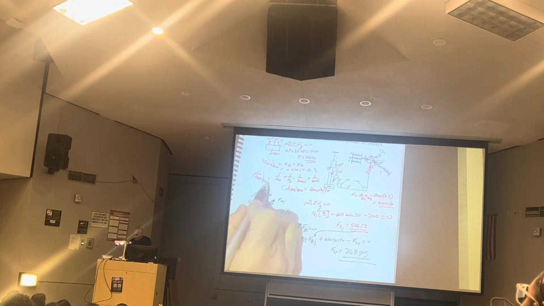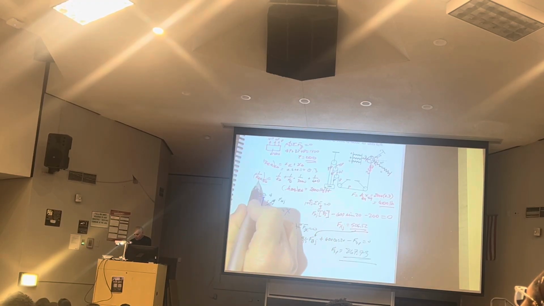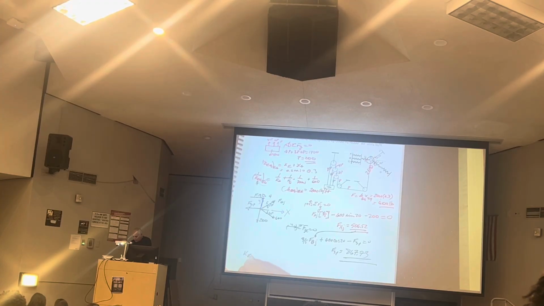K equivalent of the 2 springs, EG. I also need the equivalent for ABC. So K equivalent of ABC is 600 plus 400 plus 500, which equals 1,500.